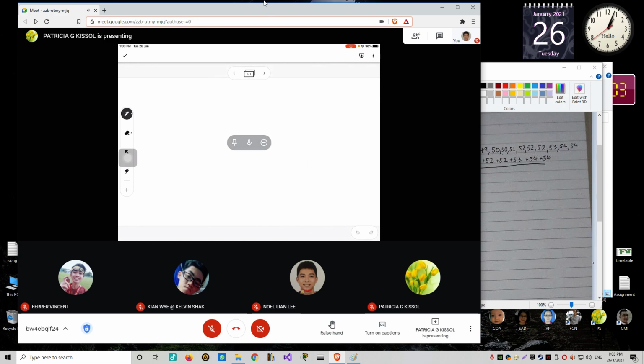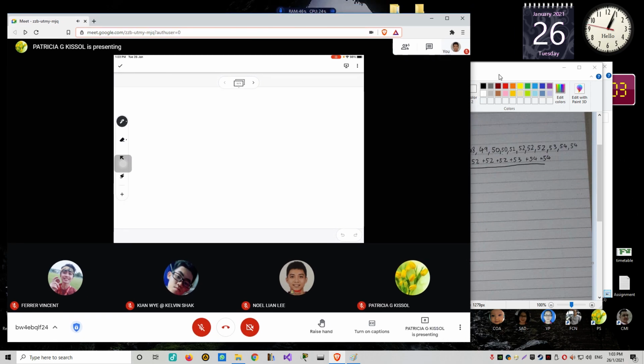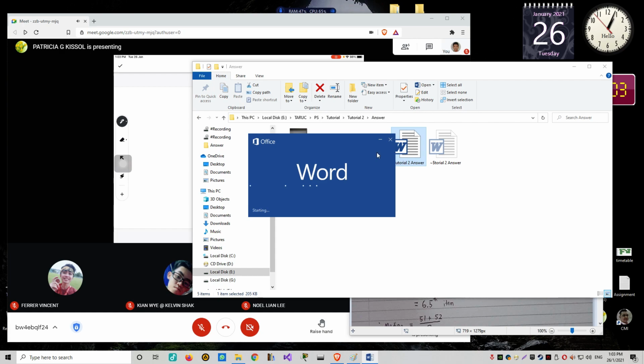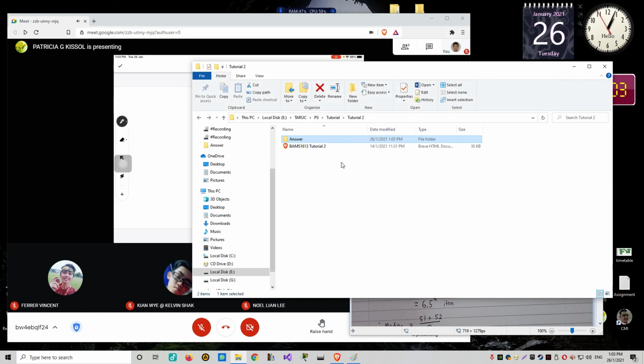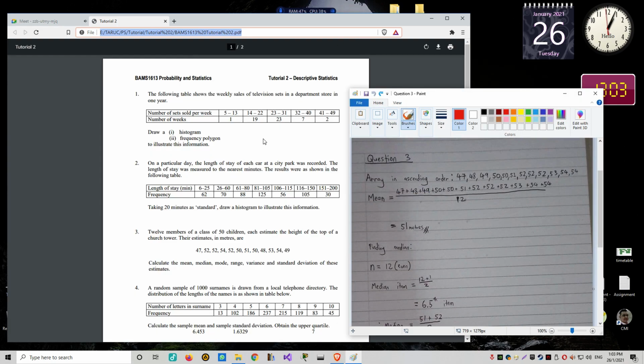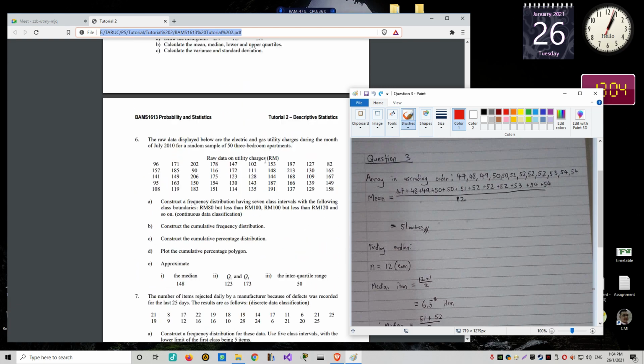I'm looking at question number 3, which is concerning 12 of the 50 children. You need to be careful about this: even though you see the number 50 there, it is basically only focusing on the 12 students.